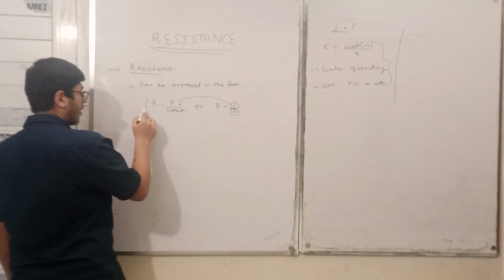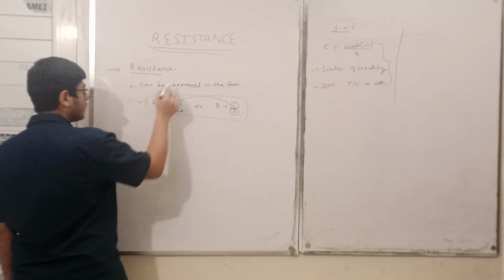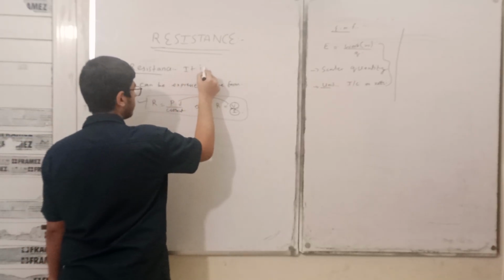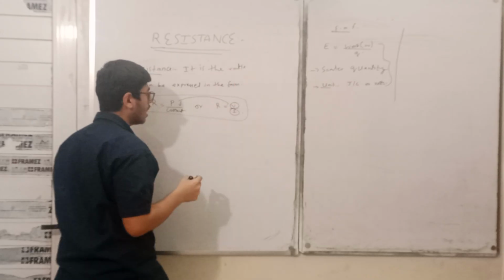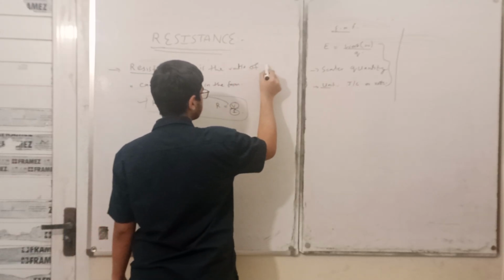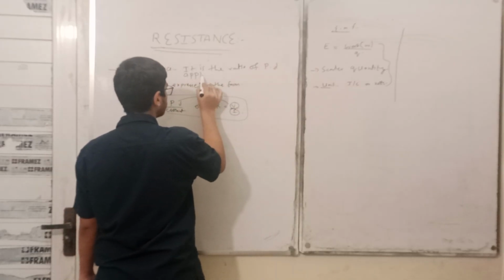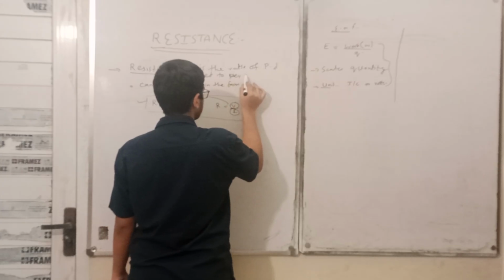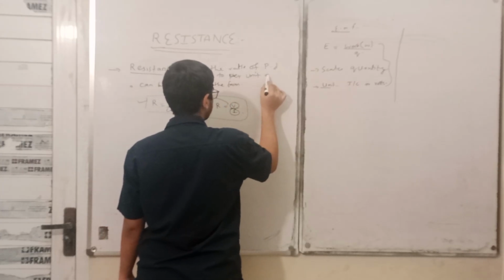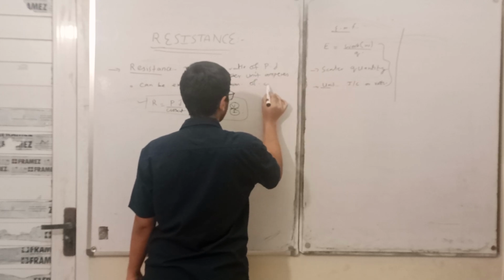Now we can define it using this formula, that it is the ratio of potential difference applied to per unit amperes of current.